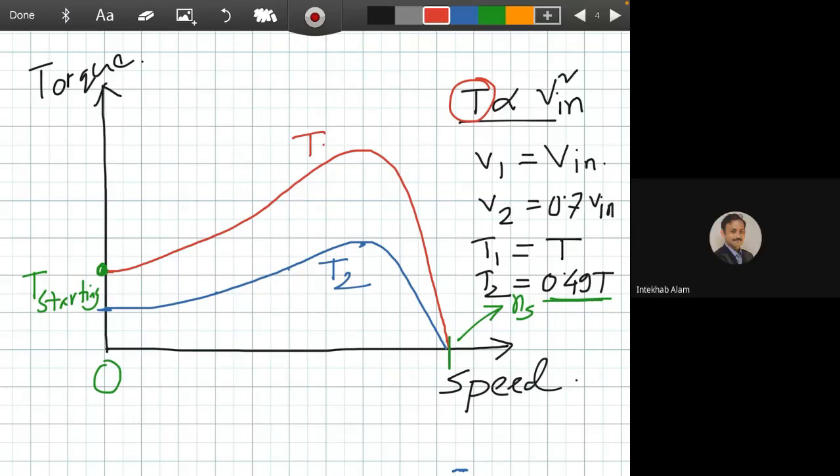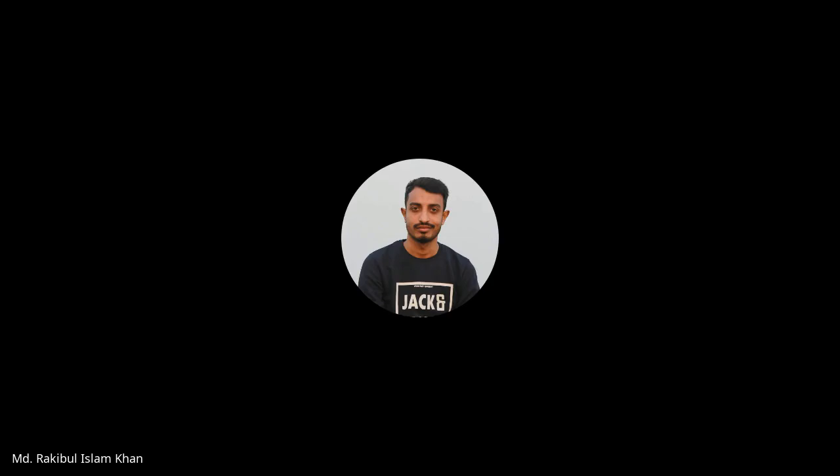So if we take a new voltage V3 equal to 1.1 V, what will be the value of peak torque? Sir, 1.1 squared is 1.21.